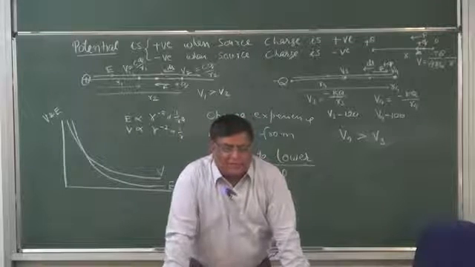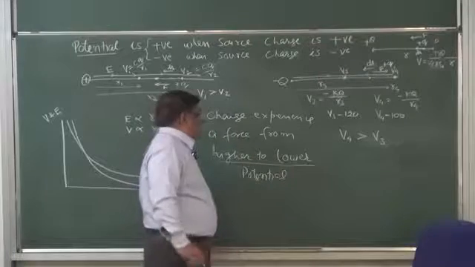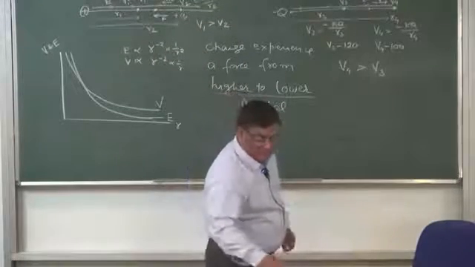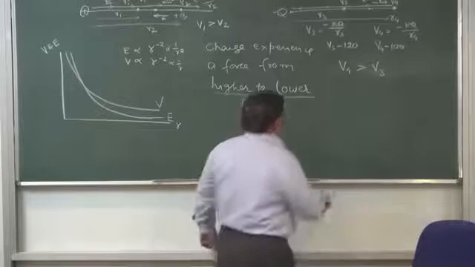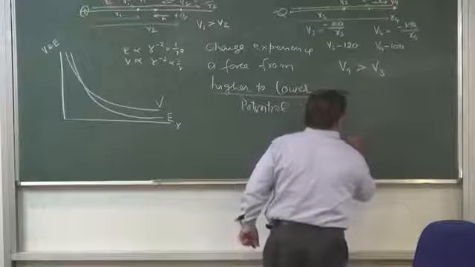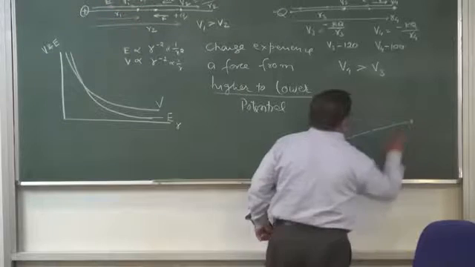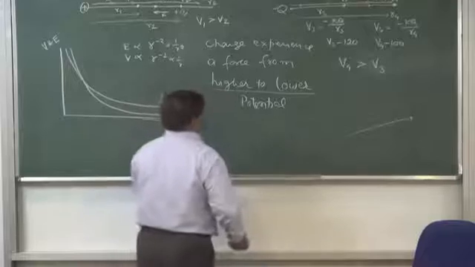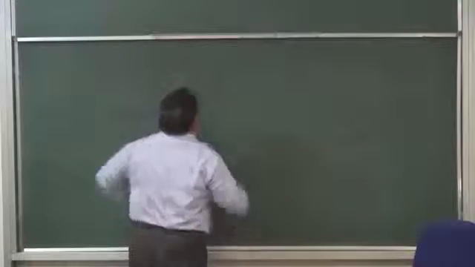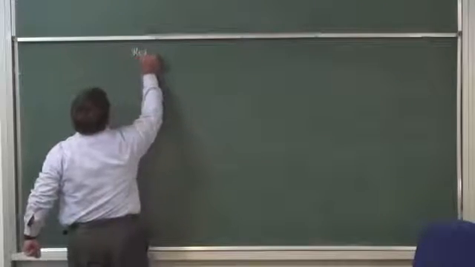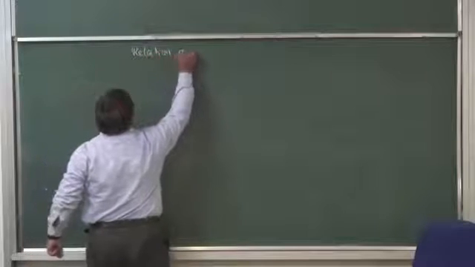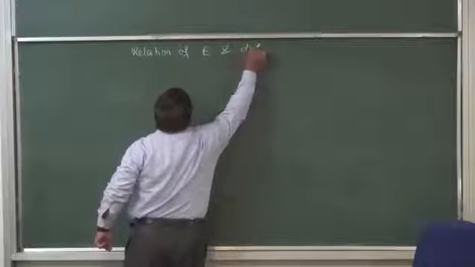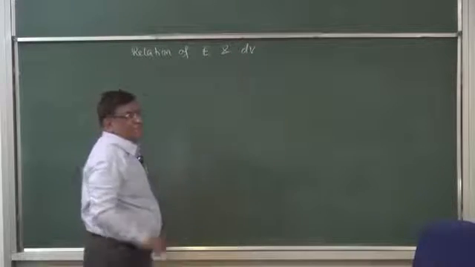How these two are related. At any place there is an electric field, say in this direction. dV is the potential difference.